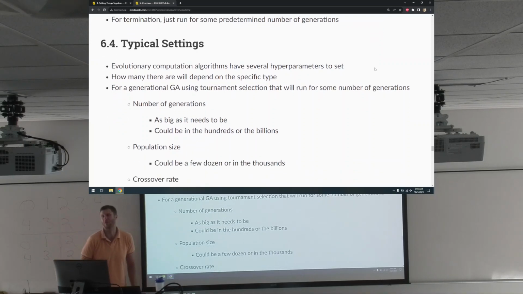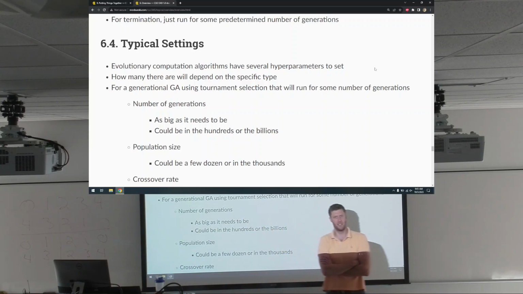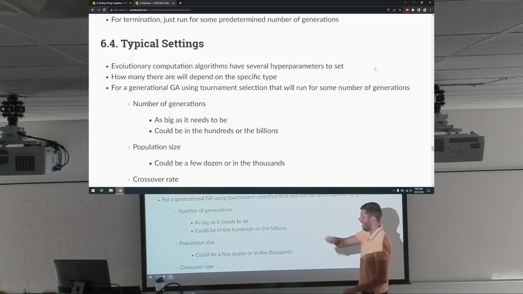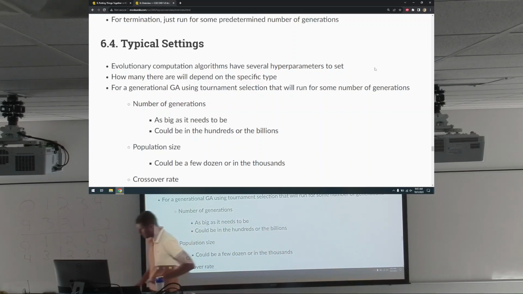So what are typical settings? If I'm doing TSP, what are some typical settings? Number of generations. This one's really hard to give you a rule of thumb for, because honestly it's however long it needs to be. If you hit run and you look at your plot of how that learning curve looks, if you're doing TSP, let me draw again.